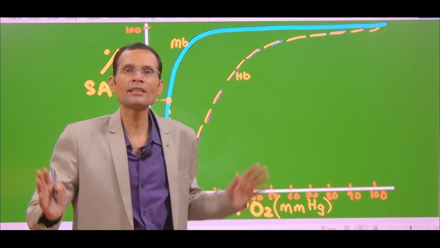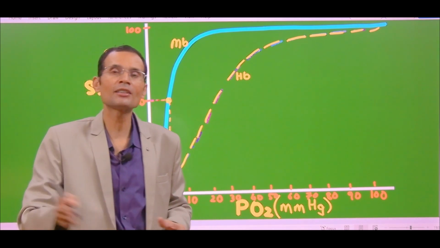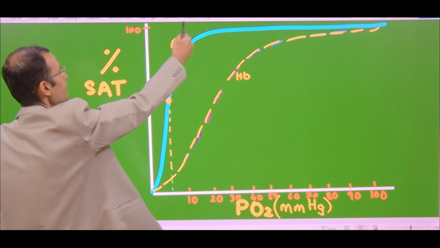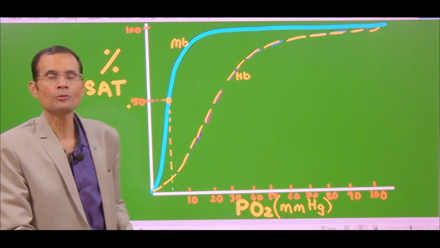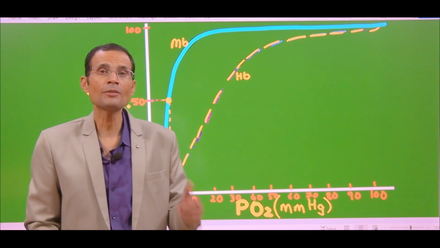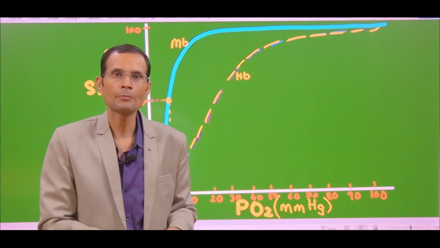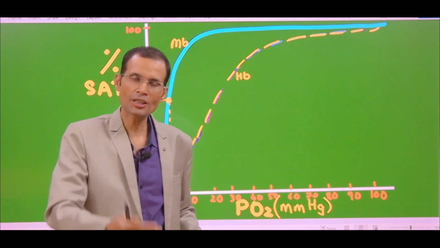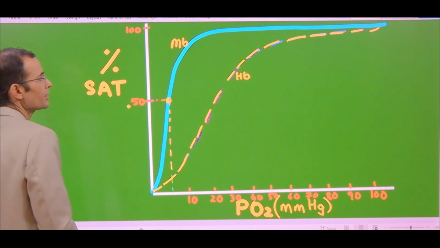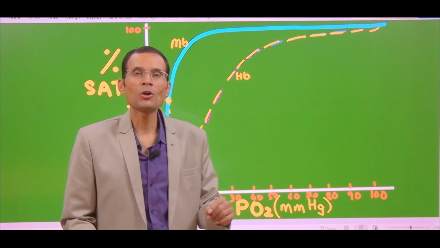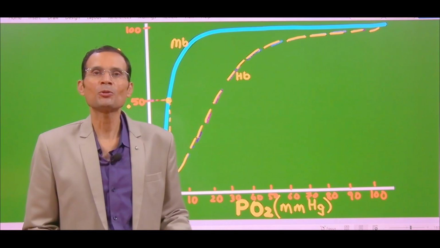And as myoglobin molecules release the oxygen molecules, the percent saturation steeply comes down. Where is it releasing? It is releasing the O2 into the mitochondria of that muscle cell, so that the ATP generation can be sustained. So that is why I said myoglobin is an unsung hero.